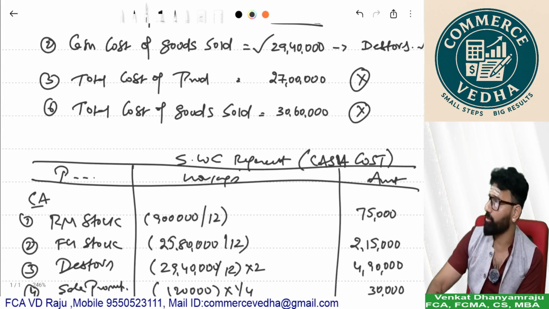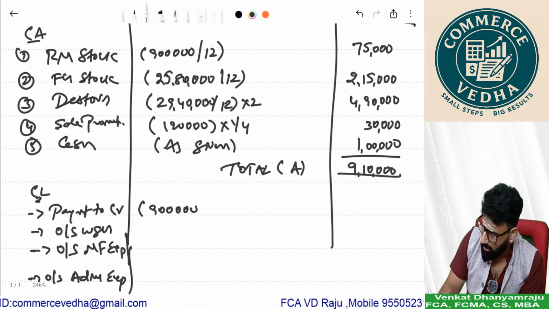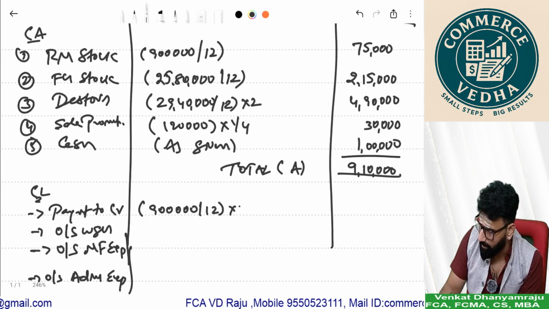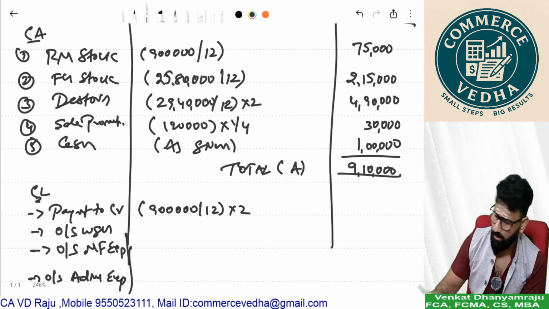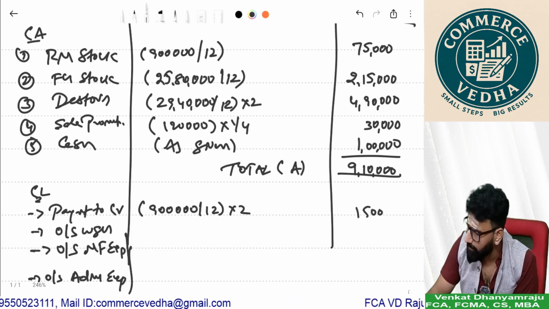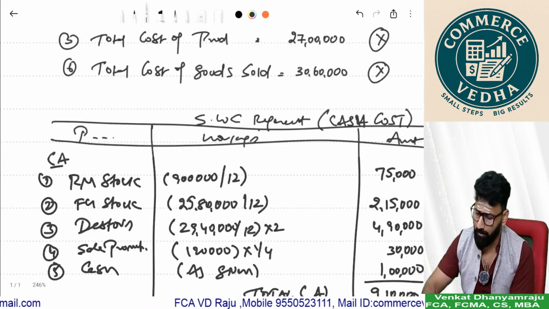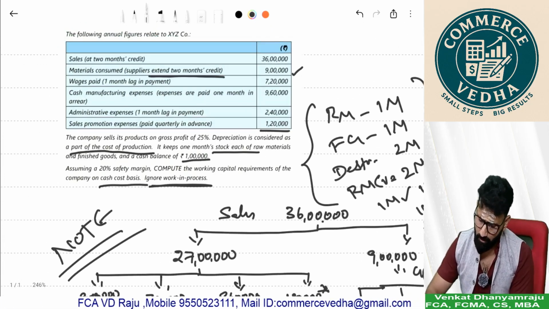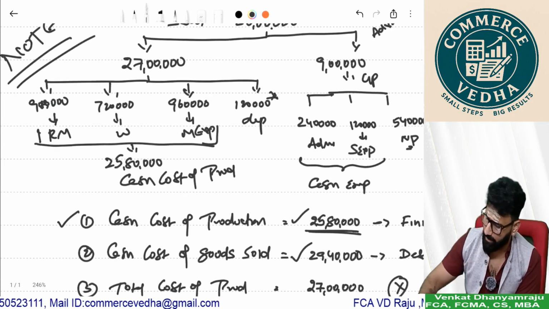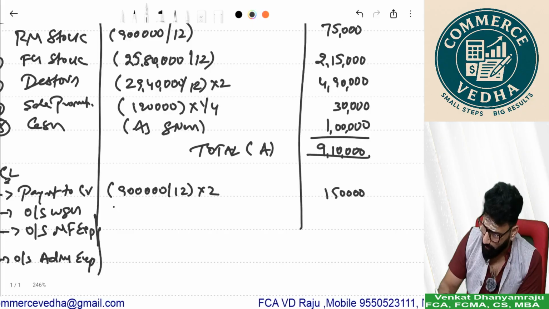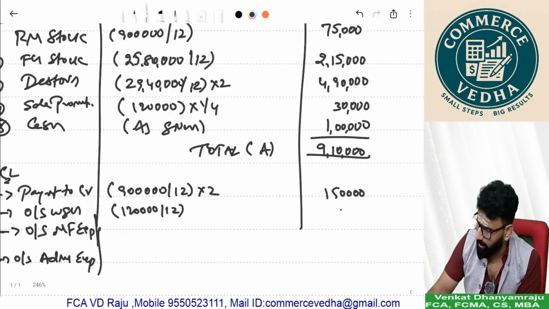So coming back to the answer, we'll do 9 lakh by 12 into 2, 1,50,000. Outstanding wages are for 1 month. So wages 1 month, 1,20,000 by 12, 10,000.